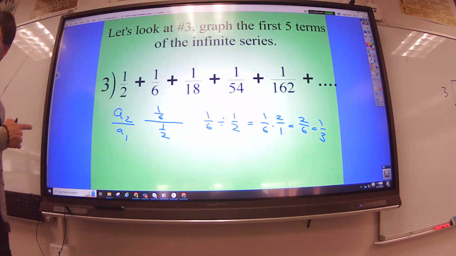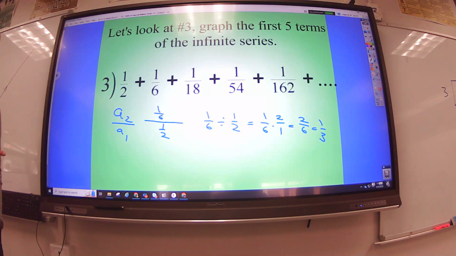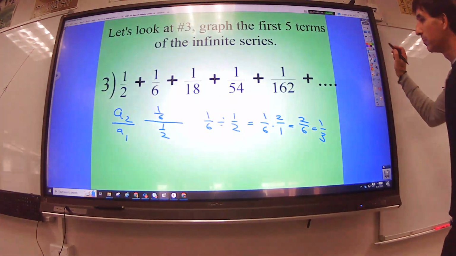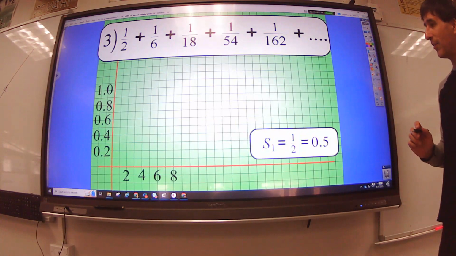You guys can see that it's 1/3, but does this fit my criteria as far as the infinite series? Is the ratio between 0 and 1? Yes. So we can find the infinite series. But that's not what this is asking here. We're asked to graph it.